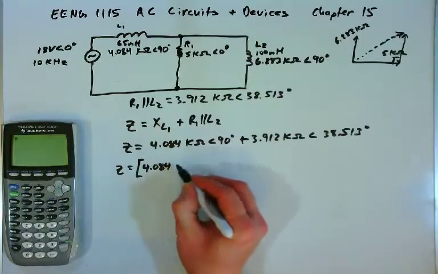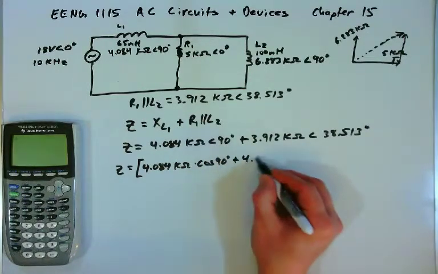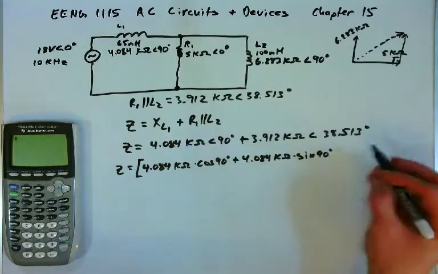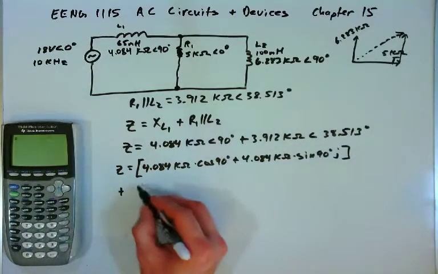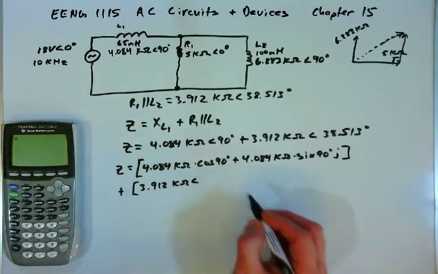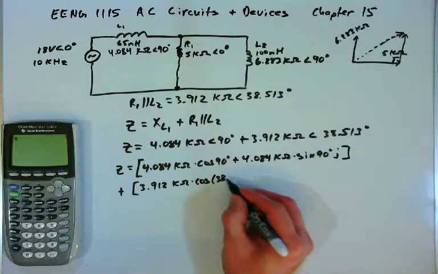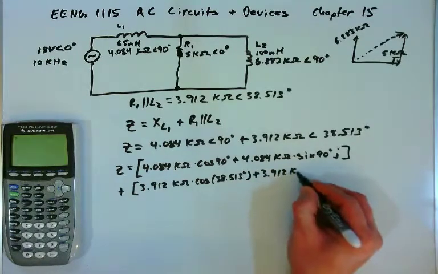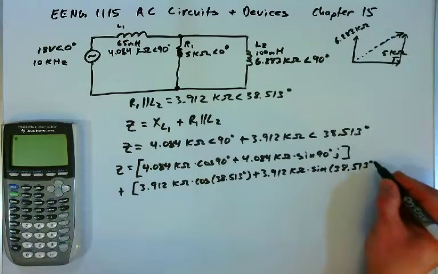So it would be the magnitude, 4.084 kilo ohms times the cosine of 90 degrees, plus 4.084 kilo ohms times the sine of 90 degrees, and that gives us the y component, or the j component, and we'll be adding to this vector, and so the x component is 3.912 kilo ohms times the cosine of 38.513 degrees, plus 3.912 kilo ohms times the sine of 38.513 degrees, j.